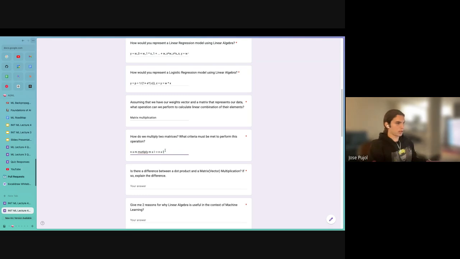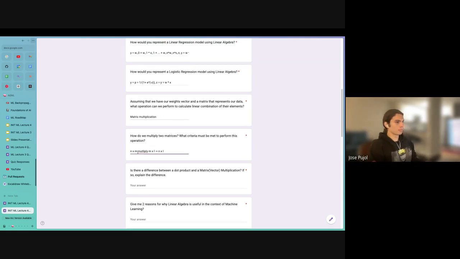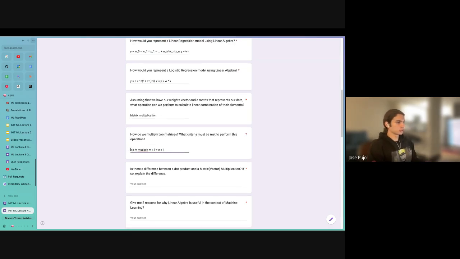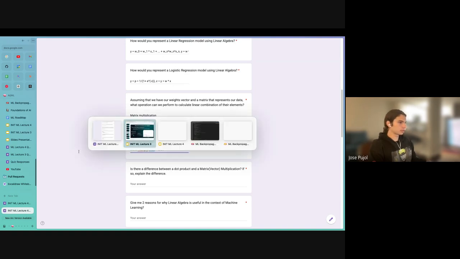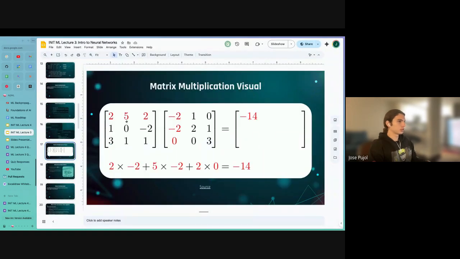In order to actually multiply, go through all the rows in the first matrix and multiply them by all the columns in the second matrix. Jumping back slightly, let's show this example.